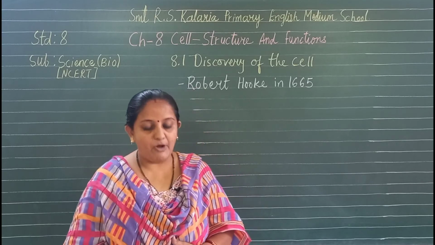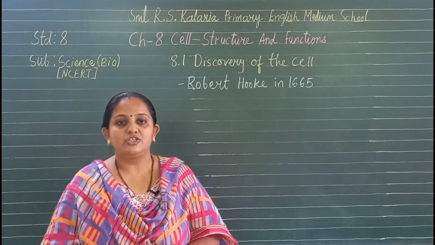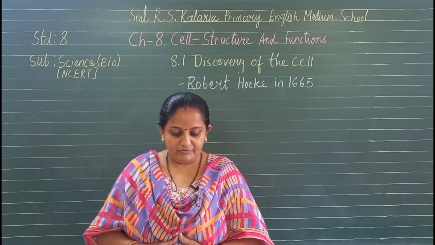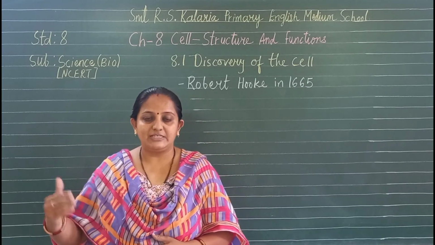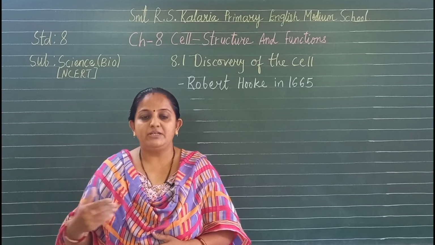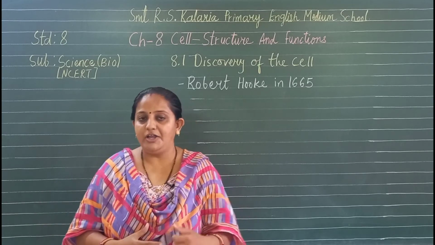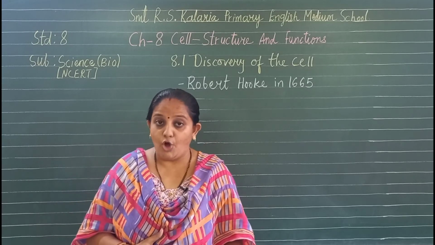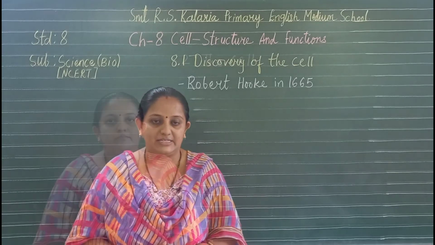So this is about the discovery of the cell, which was observed first by the very great scientist Robert Hooke in 1665. He observed a cork, which is a part of the bark of a tree, where there are different slices in which compartments, single boxes, are there, and in a group it appears like a honeycomb, and each box was named as a cell. What he observed under a magnifying glass were actually dead cells.